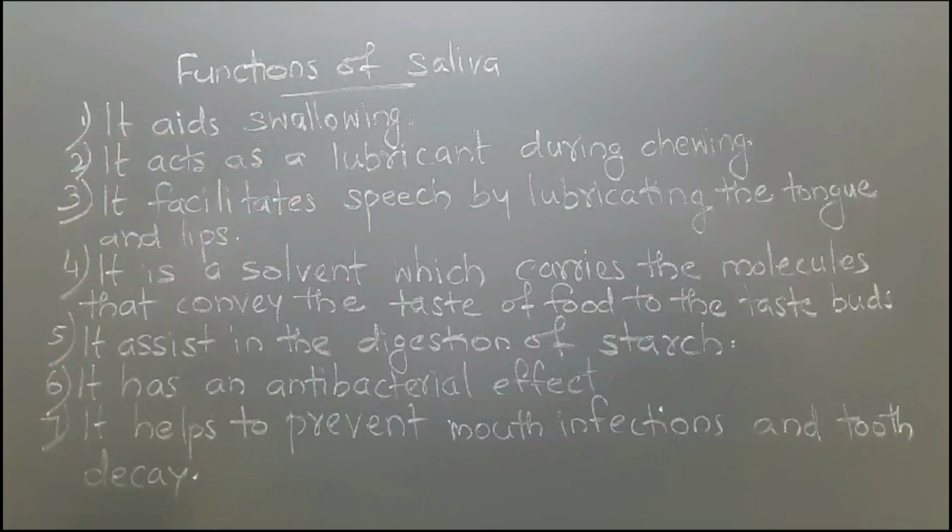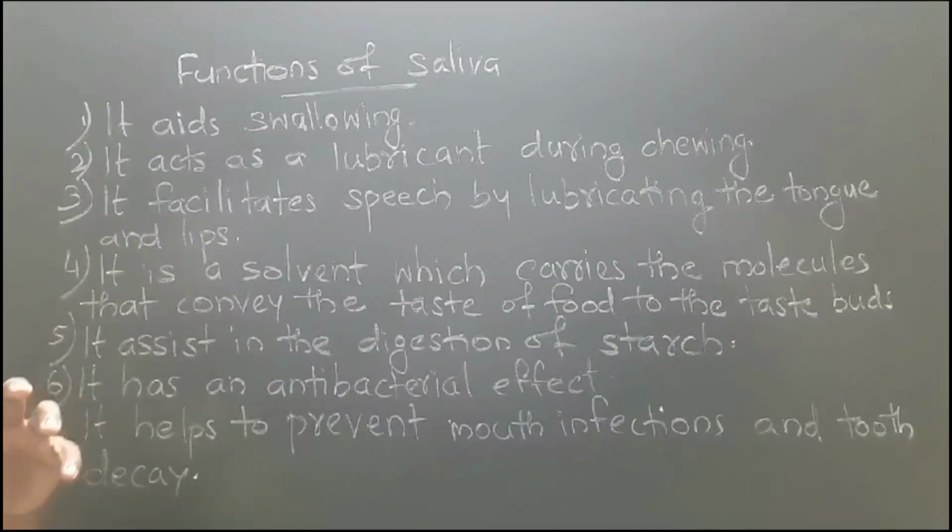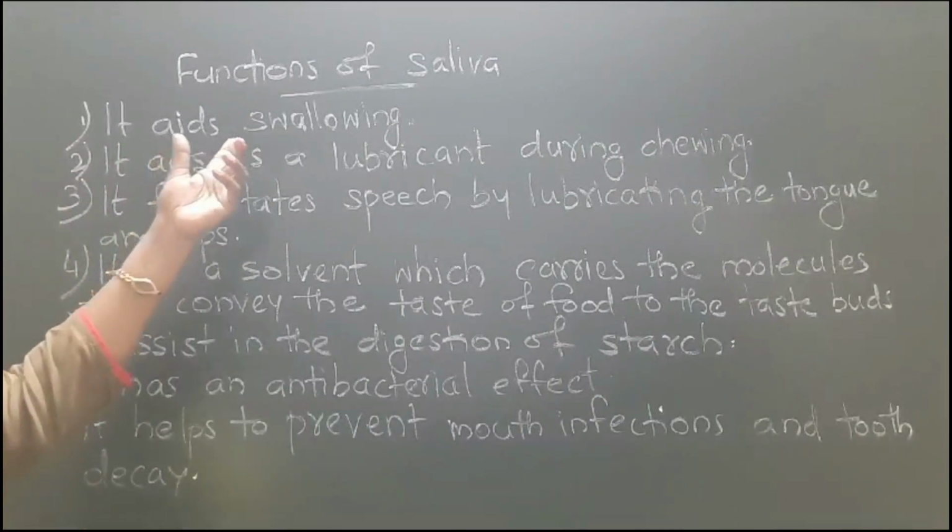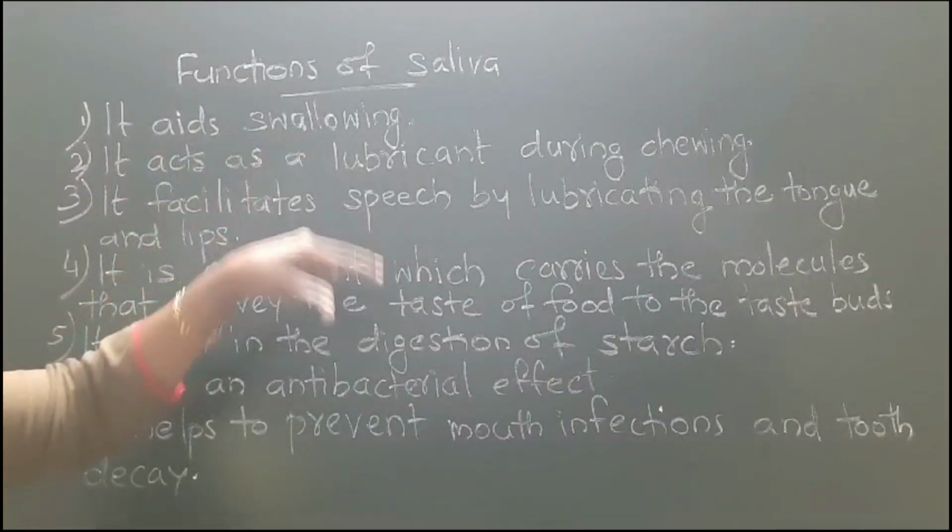Saliva lubricates the food, and then it is easy for us to break down. Then the food is soft, and saliva is mixed, so it is lubricant. It is easy for us to swallow it.